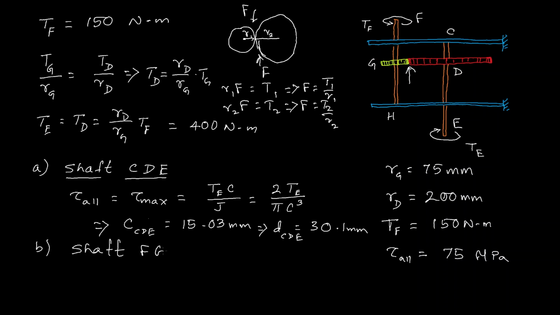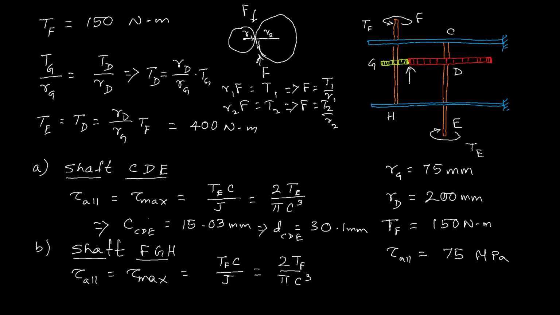Exactly in the same way, for the shaft FGH, tau allowable is equal to tau max in that shaft, which is equal to the torque at F times C divided by J, equal to 2 TF over pi C cubed.